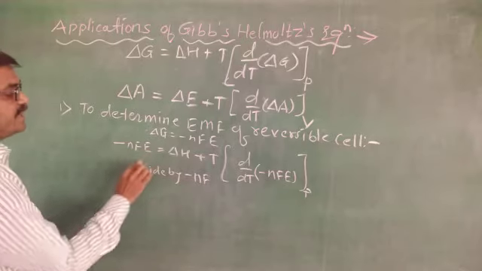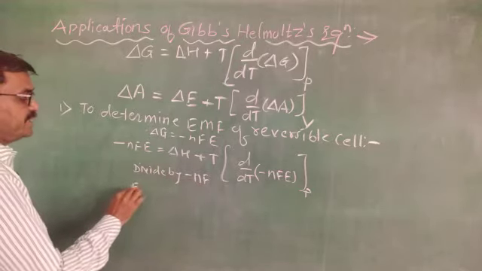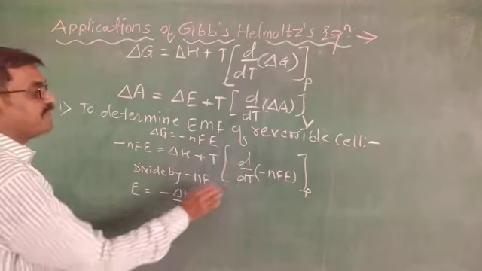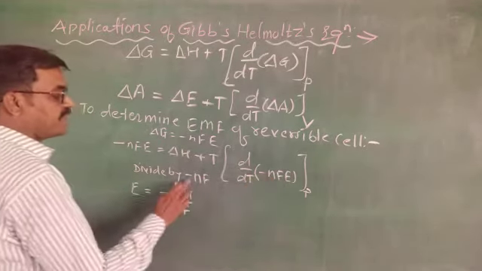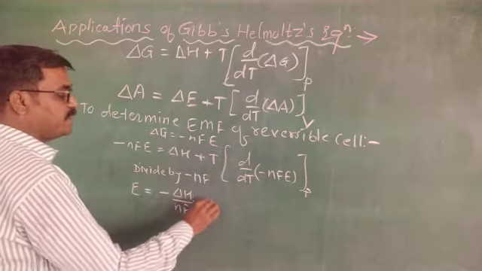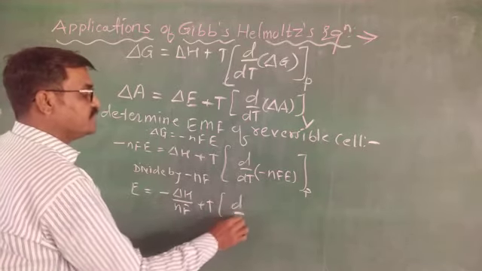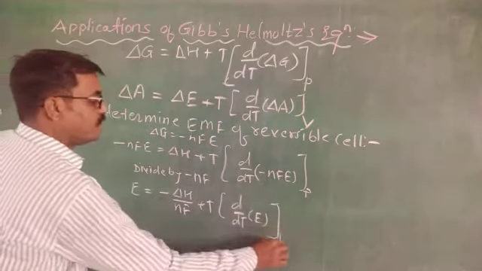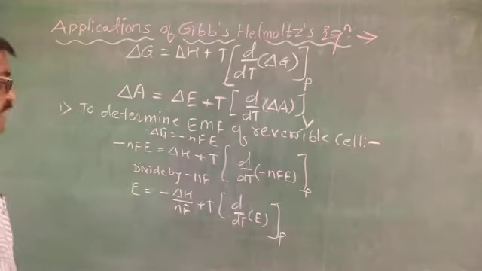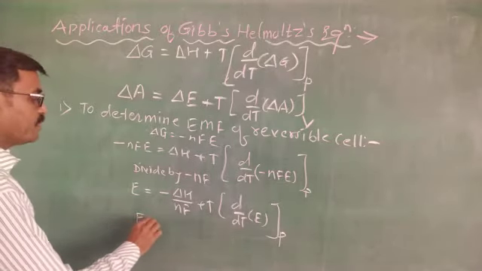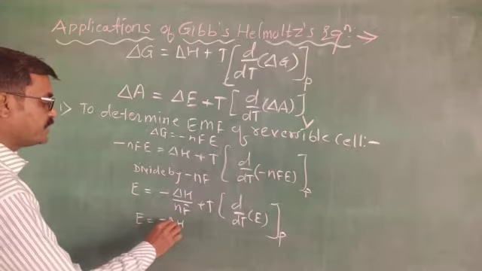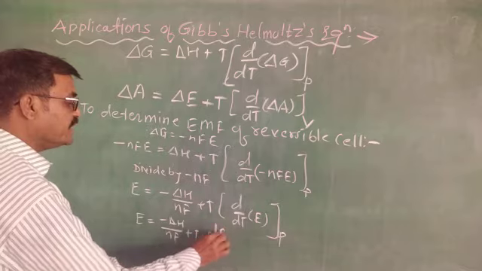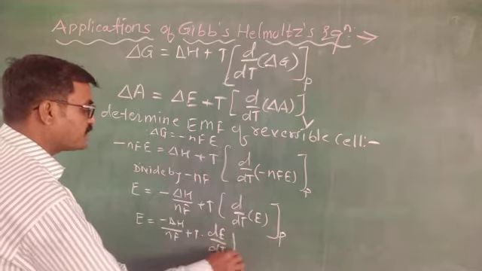Then minus nFE divided by minus nF will be E, that is equal to minus delta H upon nF. Here this minus nF gets cancelled, plus T into d/dT of E at constant pressure. Now further it will be E equals minus delta H upon nF plus T into dE/dT at constant pressure.